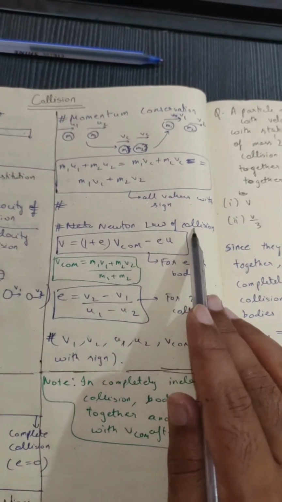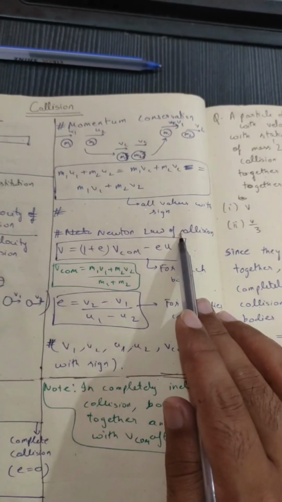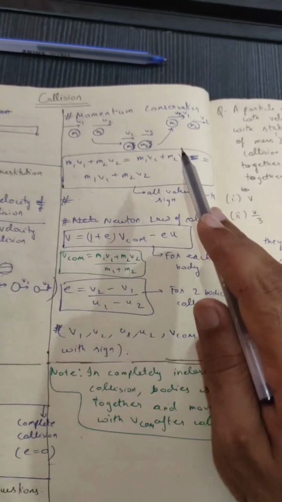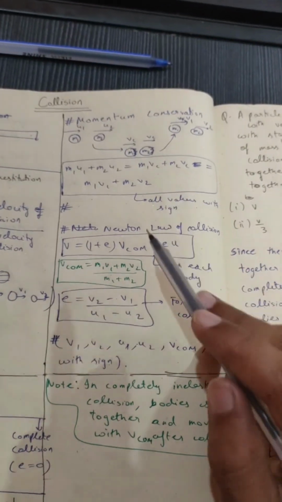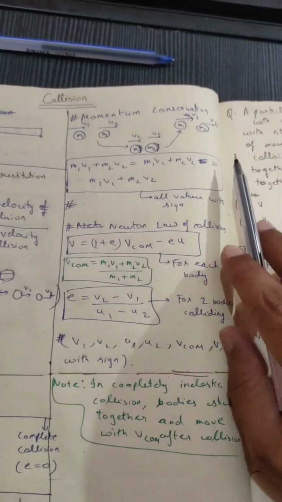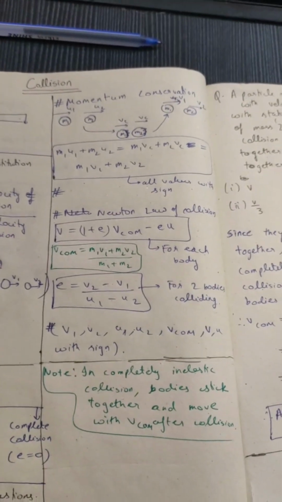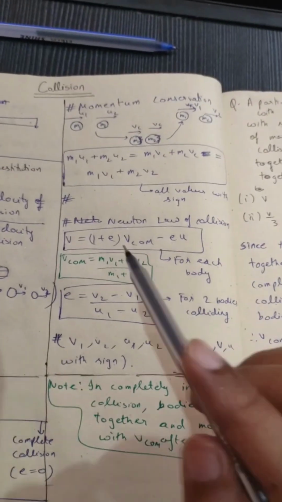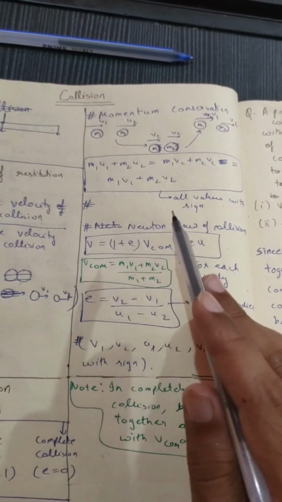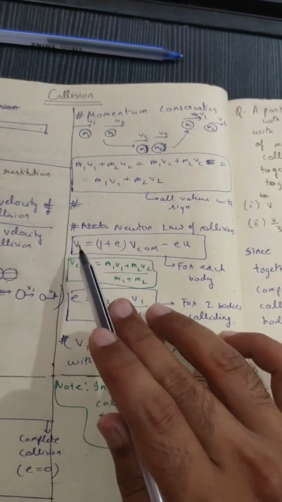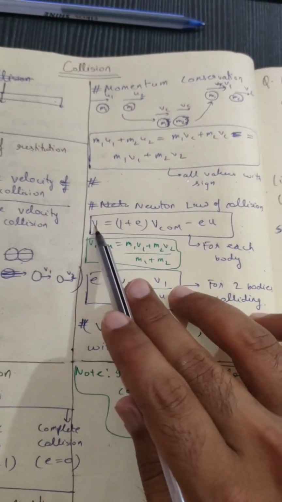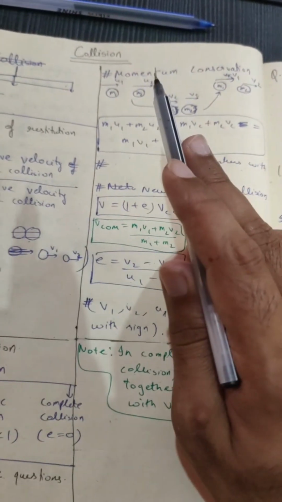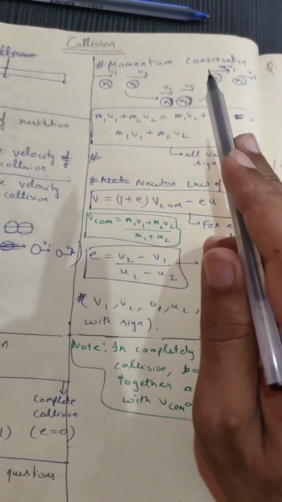Then we have Newton's law of collision. This is the second equation we have to implement. We need two equations because there are multiple variables to be found, like u1, u2, v1, v2. Newton's law of collision has two equations basically. The first equation applies to each object with mass m and initial velocity u.